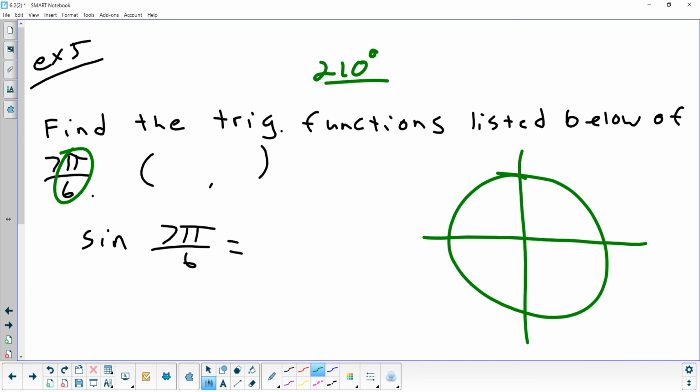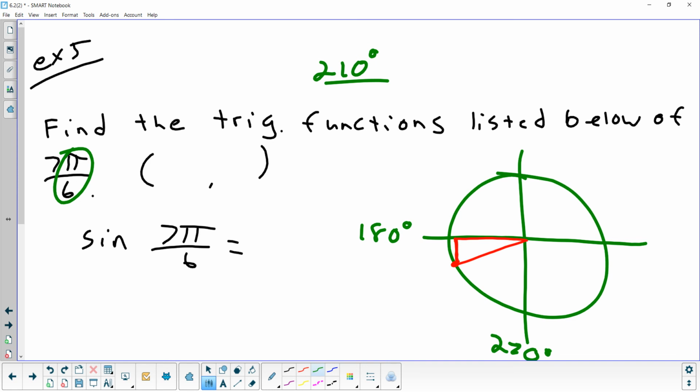Whenever you have a multiple of 30, it's not right in the middle of the quadrant. It's closer to one of the axes. Closer to 180 or closer to 270? Closer to 180. So let's put that in about like that.